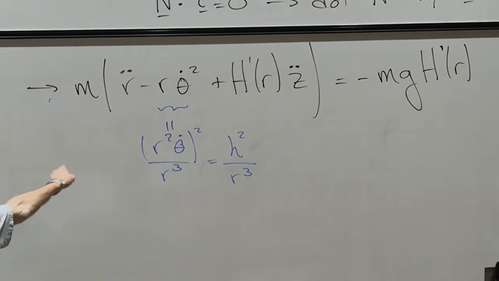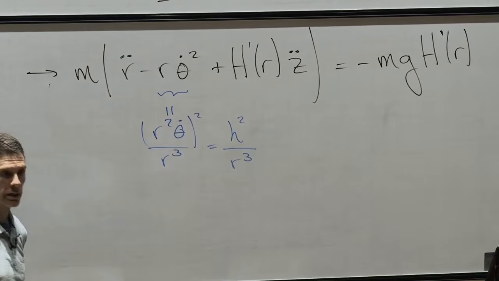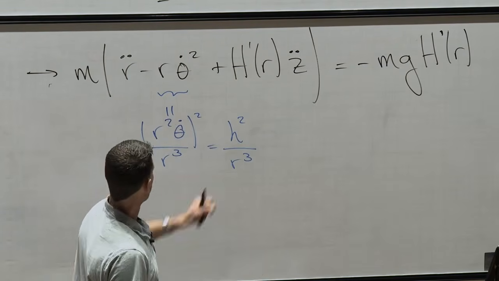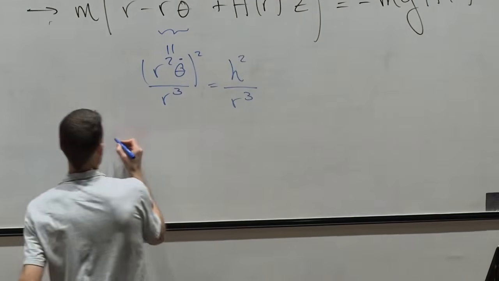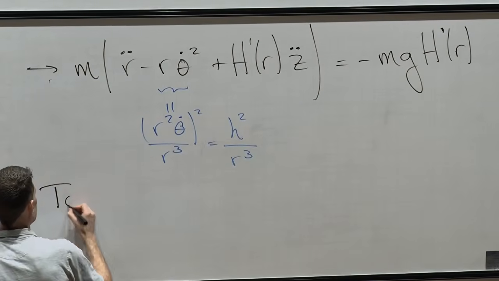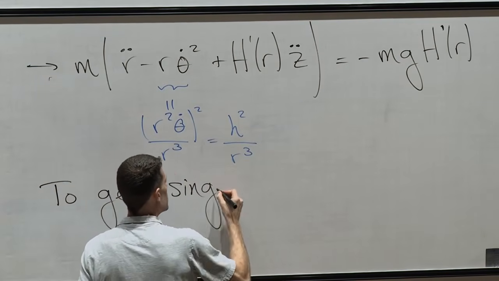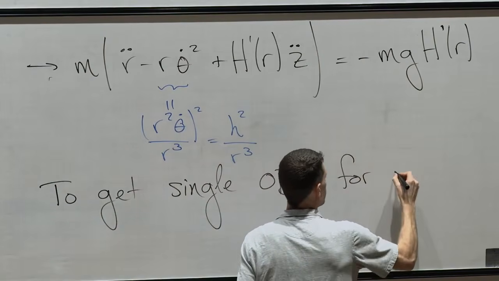I've still got r's and z's, but as we've said, r and z are not really independent. They're connected via the definition of the surface. So one thing I could do is get rid of the z's, and get a single ODE for r of t.